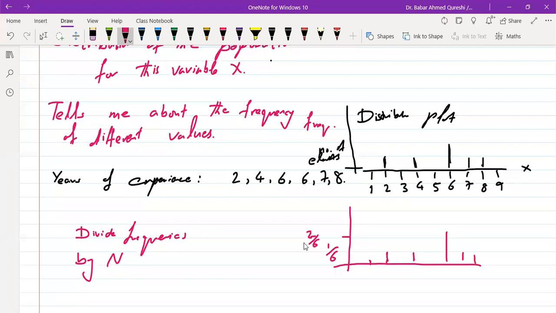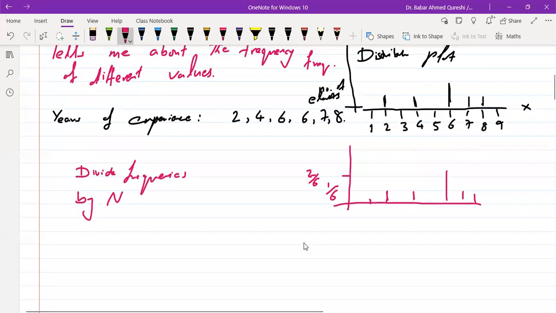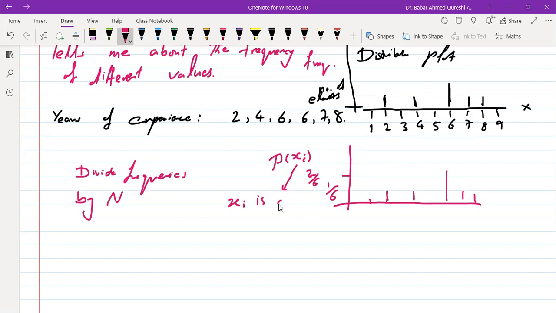So this I can call something like P of xi, where xi is a particular value of the variable x.